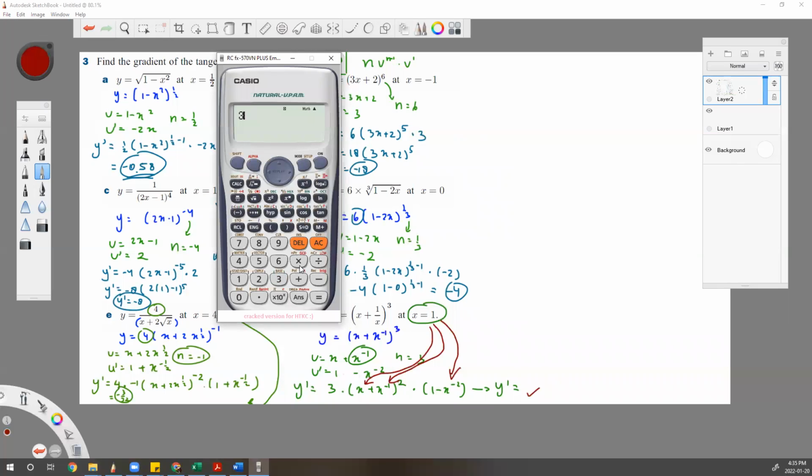So 3 times bracket 1 plus 1 to the power of negative 1, power 2, times, wait, wrong, the multiplication is supposed to be below, multiplied by 1 minus 1 to the power of negative 2, close the bracket.